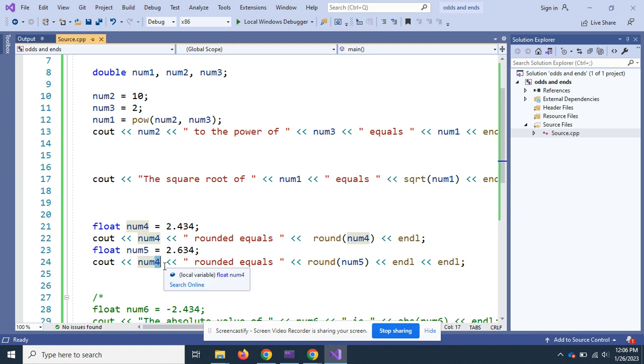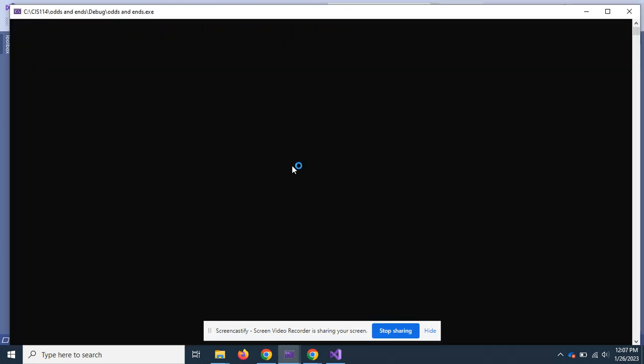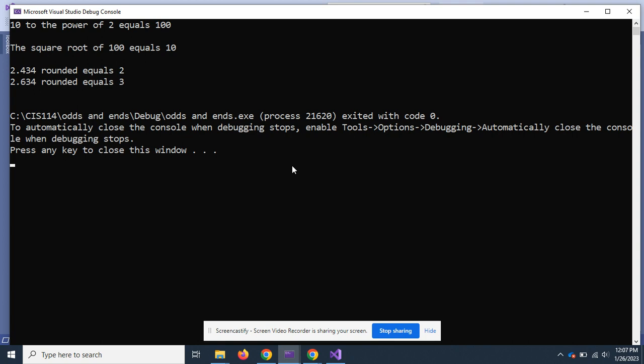This should be num5 here. Okay. There we go. 2.434 rounded equals 2. 2.634 rounded equals 3. So the round function you all probably will be using quite a bit.